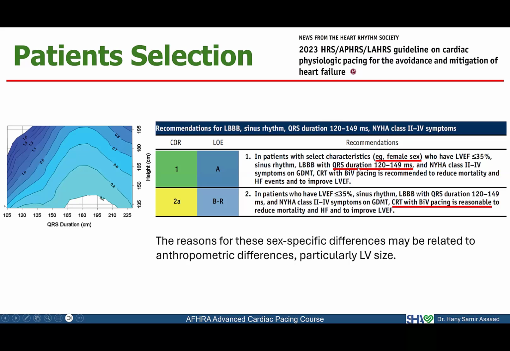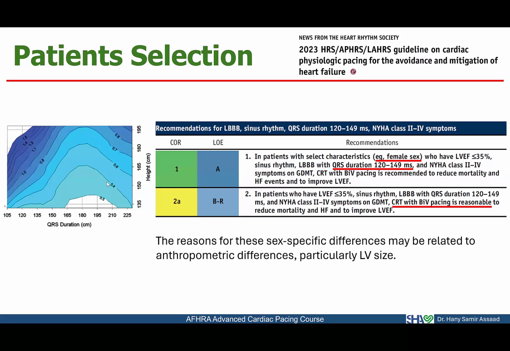So that's why in these guidelines, even with 120 milliseconds up to 150, you have a strong recommendation if you have the left bundle branch morphology and the patient is still symptomatic with an ejection fraction less than 35 despite optimal medical therapy.